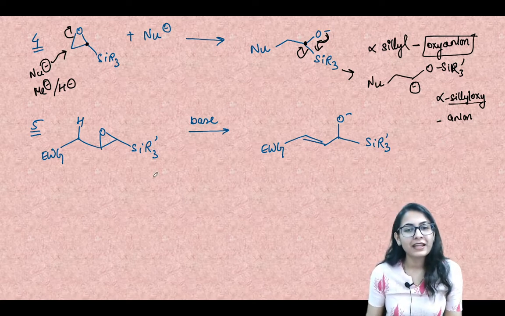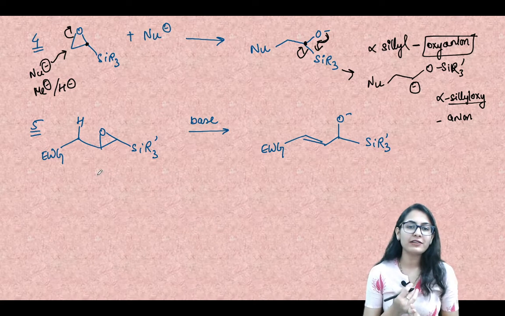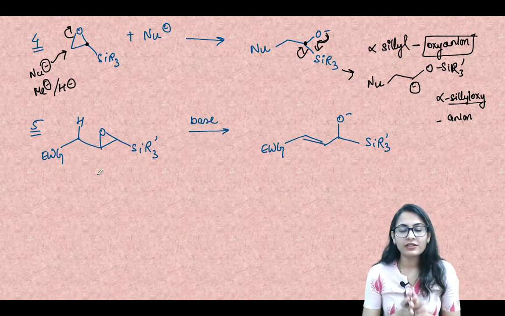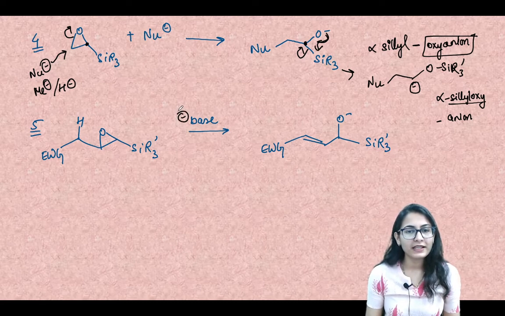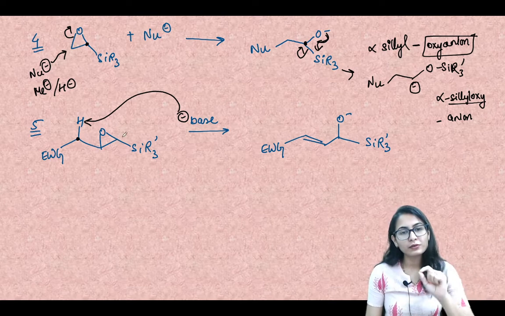Alright, just that. Now in the other process that you have, you see that you have an epoxide but you don't have a nucleophile. But what you have is a base, a very nice example. The base can remove the alpha proton to the epoxide if there is a possibility.